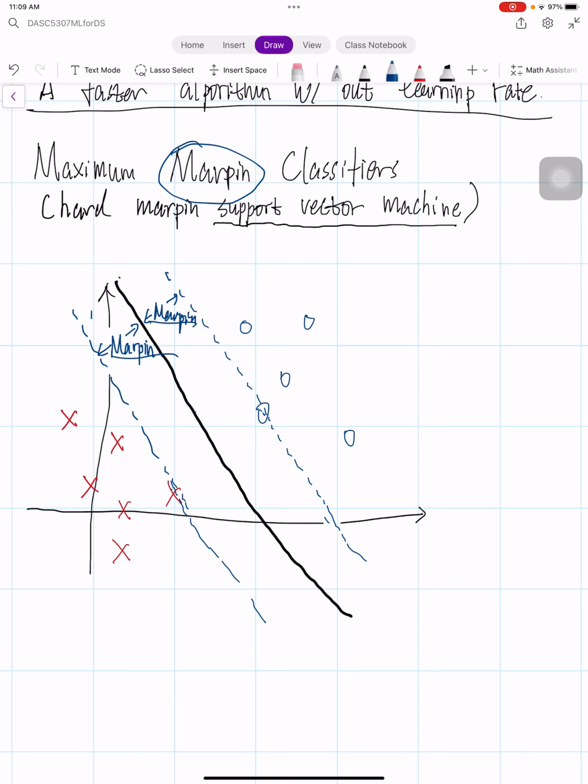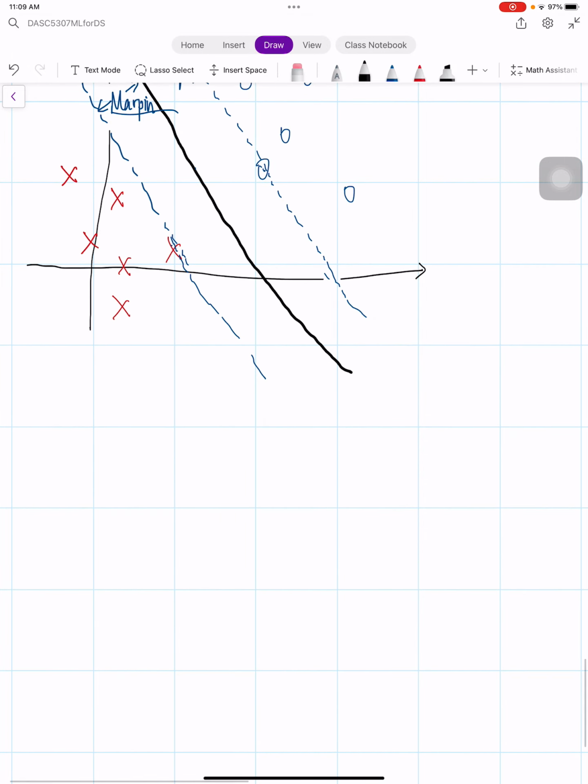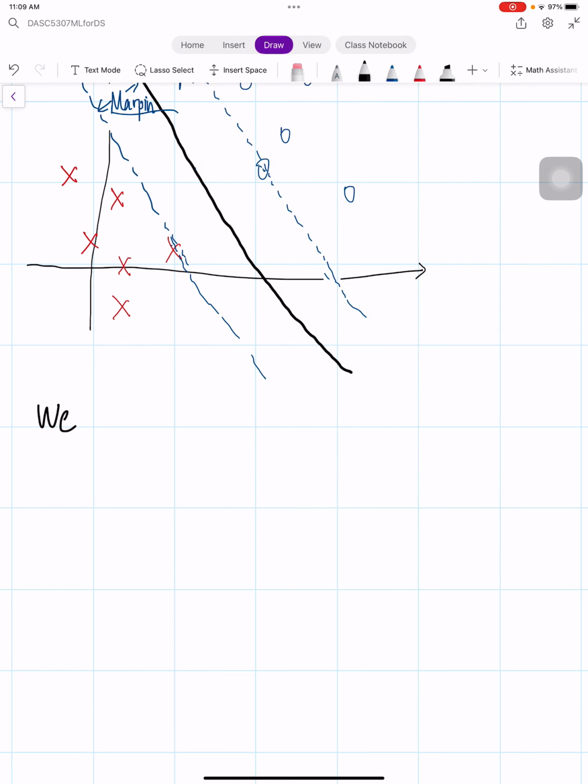So the idea with this classifier is we enforce the constraints.